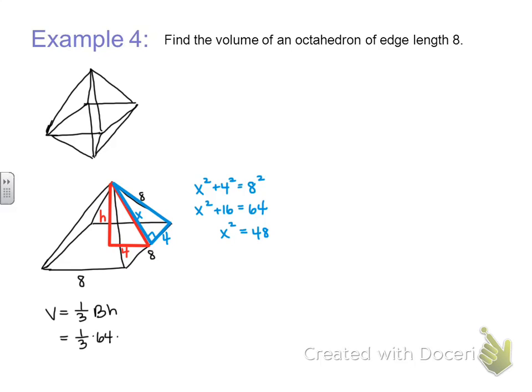However, what are you about to do with the red triangle? Aren't you just going to end up doing x squared anyway with the red triangle? Do you guys see that? Like on the red triangle, my setup is going to be h squared plus 4 squared equals, but it's going to equal that blue x squared that I had, right?